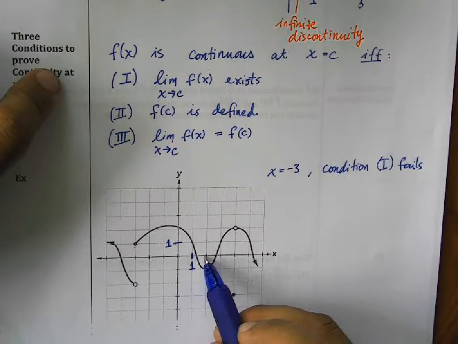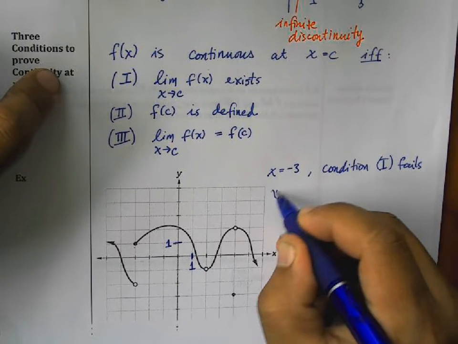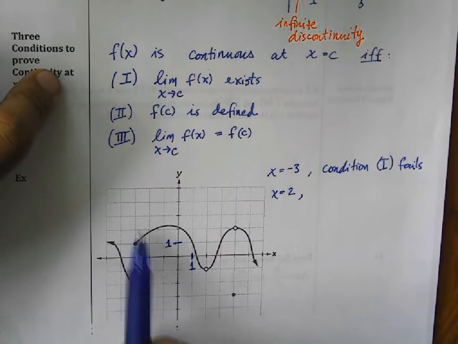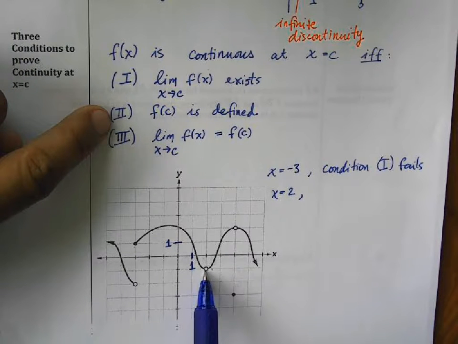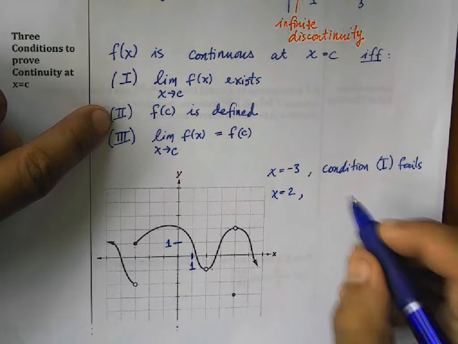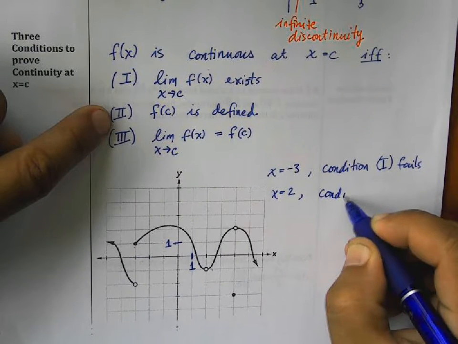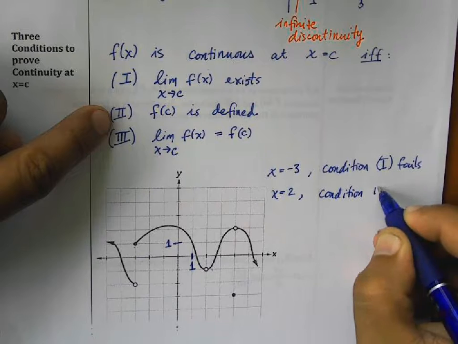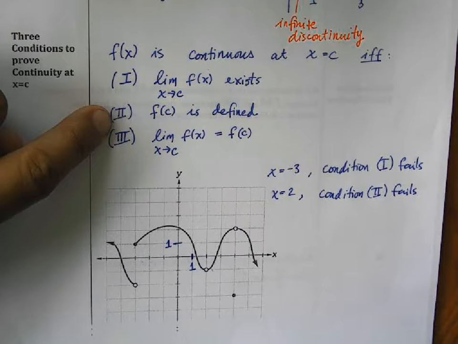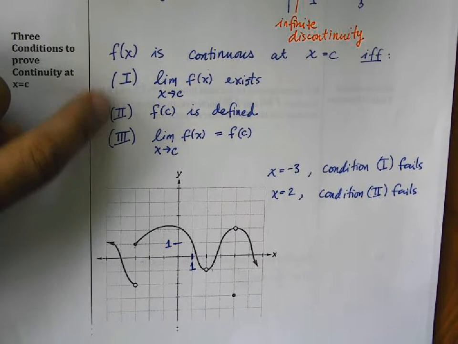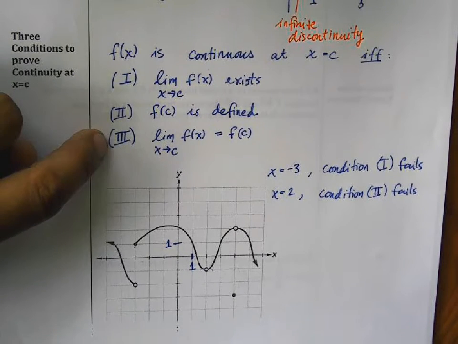At x equals 2, the limit does exist. The limit as x approaches 2 is -1. However, f of 2 is undefined. So we can say that condition 2 fails. And if either of these first two conditions fail, the third one will also fail.